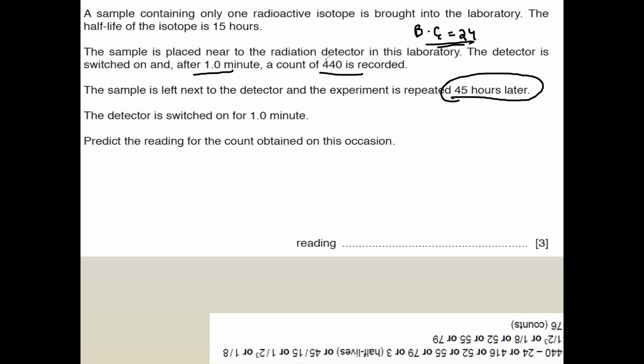So when we place a detector in front of the source, which is emitting radiation, the detector is recording two radiations: one from the source and another from the surrounding.